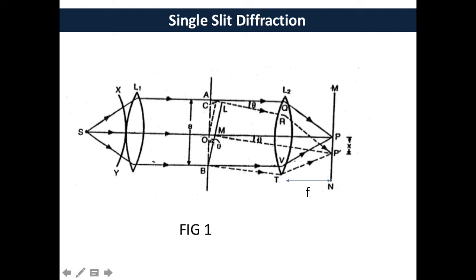As we consider the secondary waves in a direction inclined at the angle theta from the point B upwards, the path difference changes and hence the phase difference also changes.